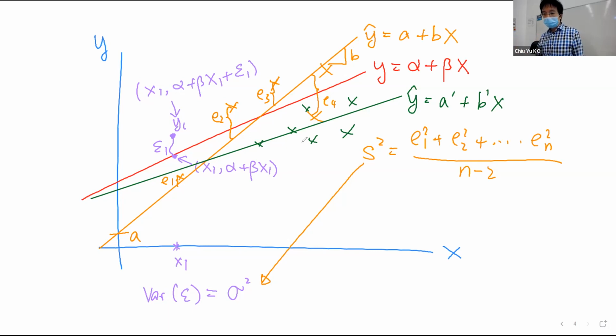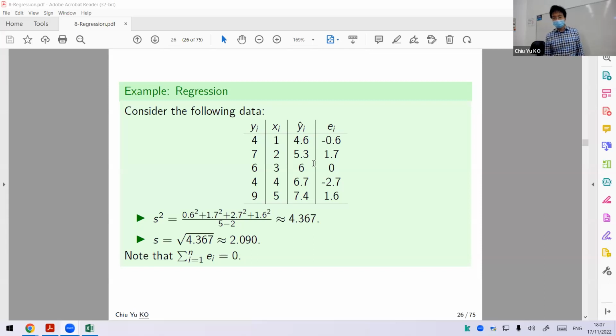Now, if there's no question, let's talk about the first test. But before we do that, let's go to the example of how you calculate the S. As I said, this is your X and this is your Y. Remember how you calculate this one.